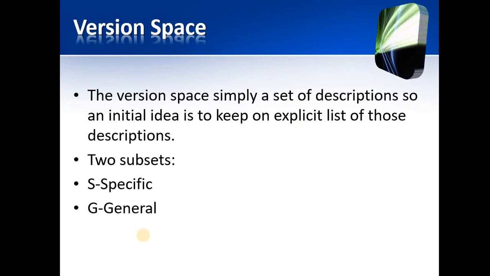So an initial idea is to keep an explicit list of descriptions. It contains two subsets. One is S, specific, and G is generic. G contains the most general description consistent with the training examples. The version space is the set of all descriptions that lie between some element of G and some element of S in the partial order of the concept space.